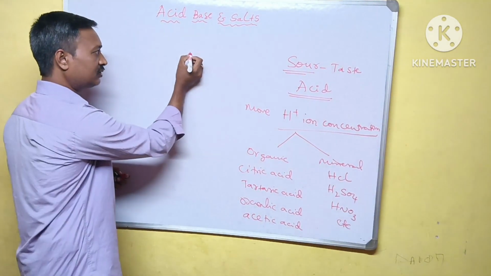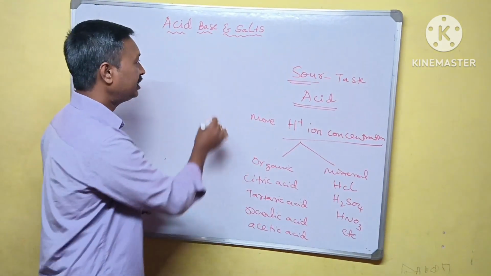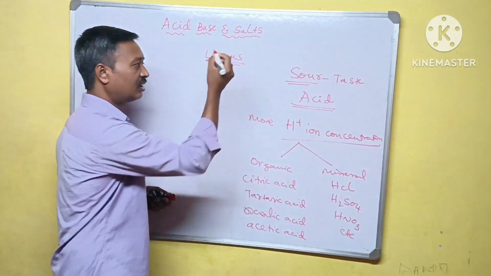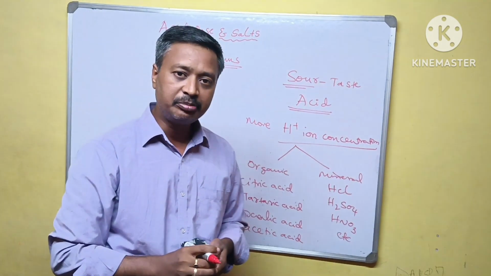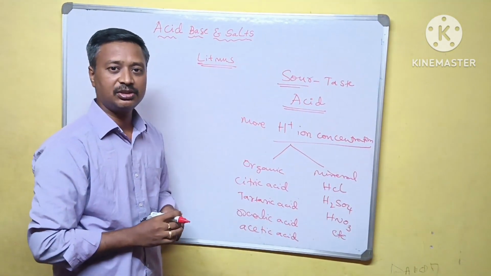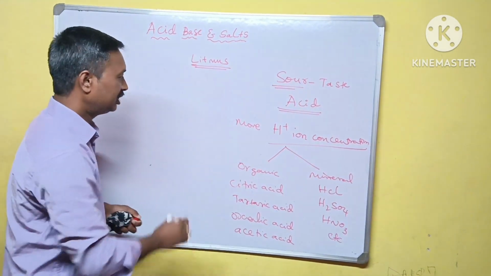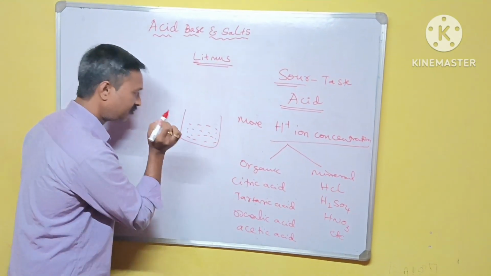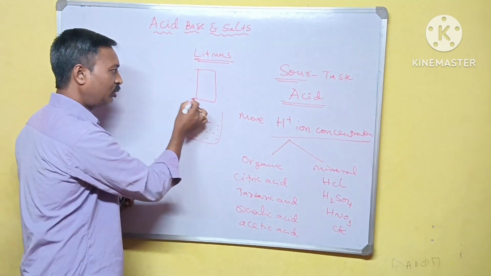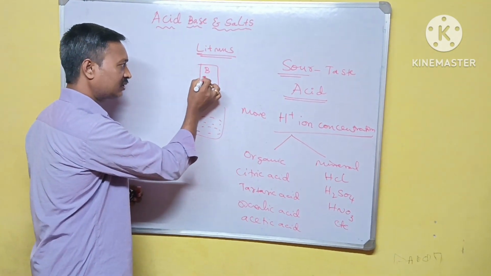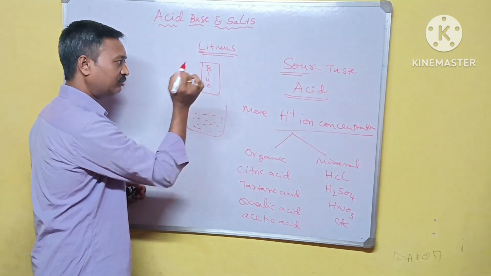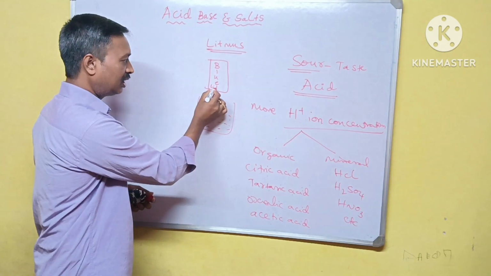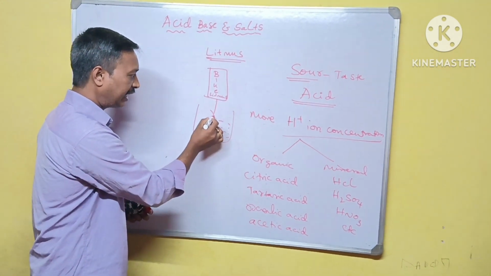How to test the acid? Acid can be tested by a litmus paper. In the lab, we have litmus paper. Litmus paper is used to test the acid. If you think there is acid in the container, take a blue litmus paper and dip it in the acid.